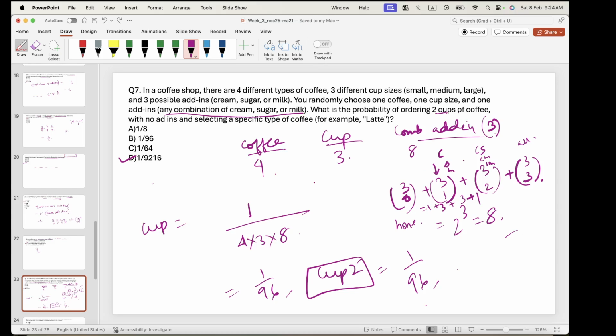So I'm sure latte has some components from here, like a particular type of coffee, particular combinations of sugar and cream, something of that sort. Okay, so this is the correct answer. I'm sorry for confusing you, but this is how you should tackle such questions if they come.